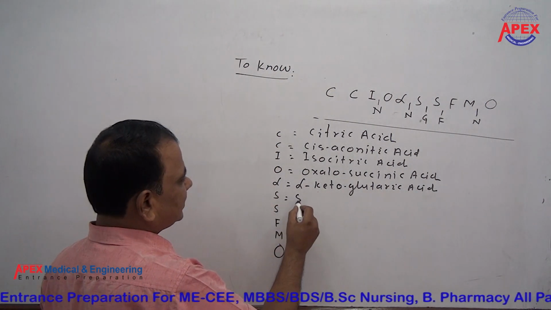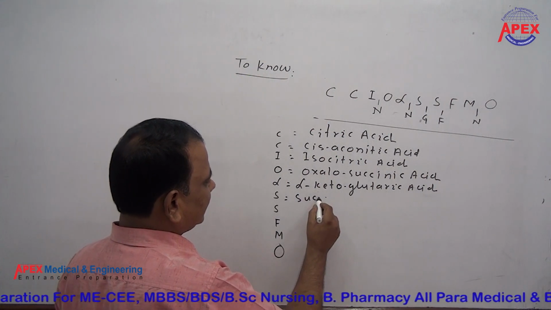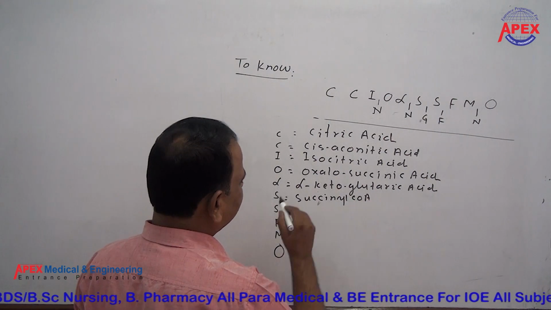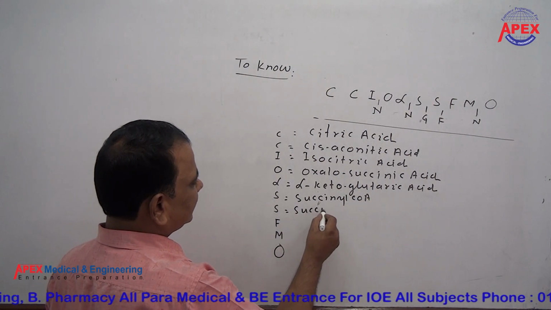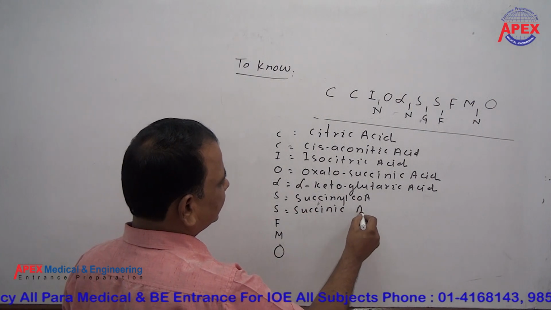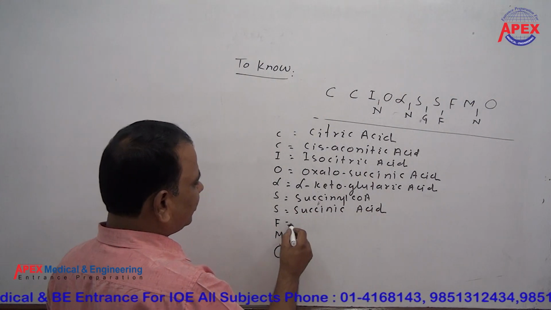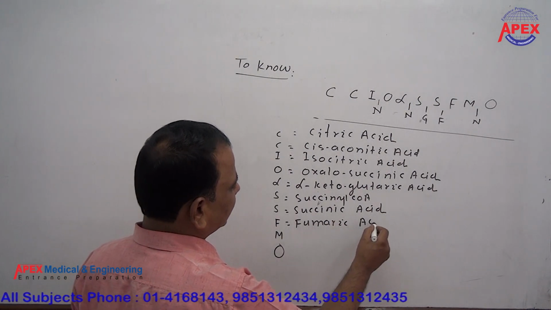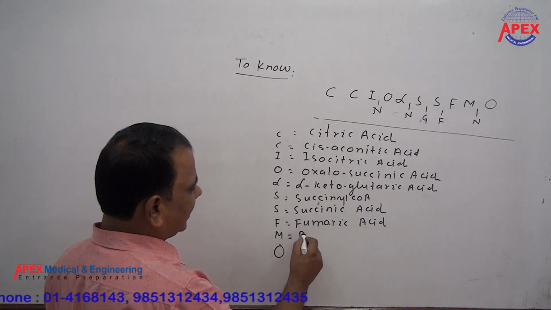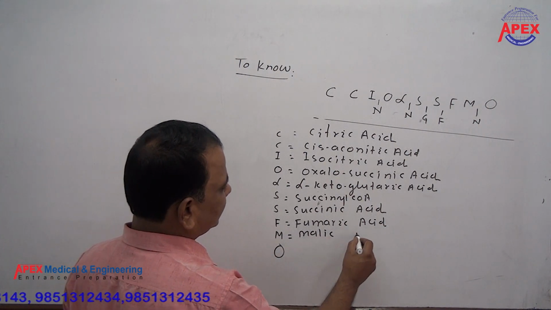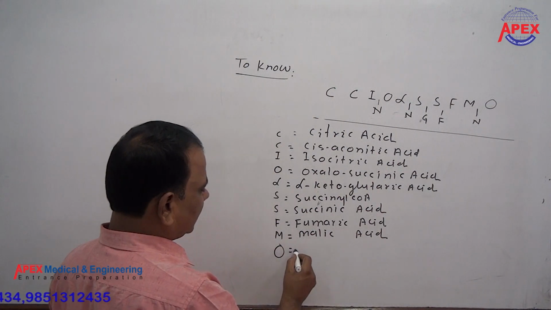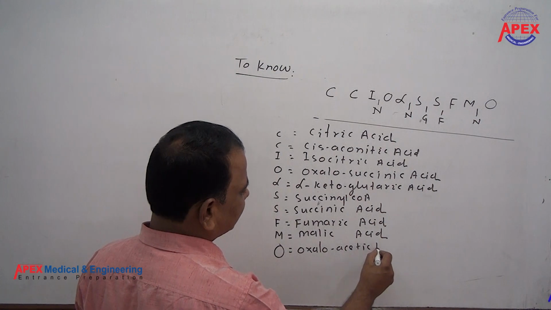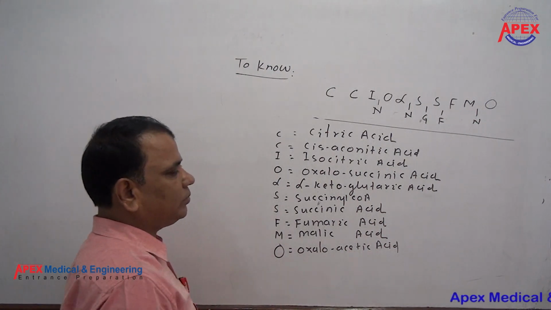Now succinyl coenzyme A, succinic acid, and fumaric acid, that also you have to know. And malic acid, and oxaloacetic acid, that you have to remember.